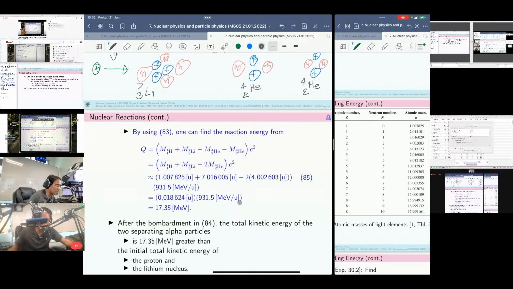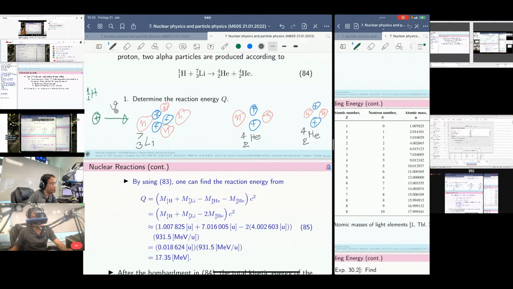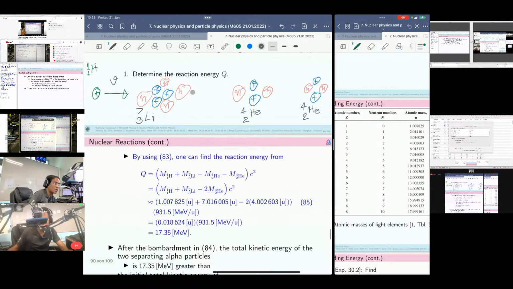Okay, the initial total kinetic energy is caused by the proton and the lithium nucleus here. This is the initial kinetic energy, which is the part from the proton. And if lithium is moving, it would also have kinetic energy.